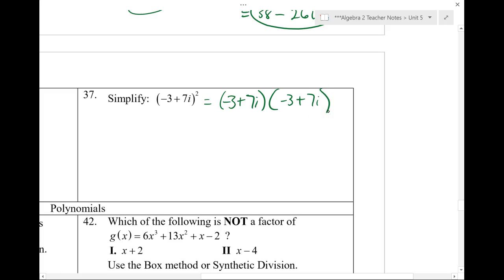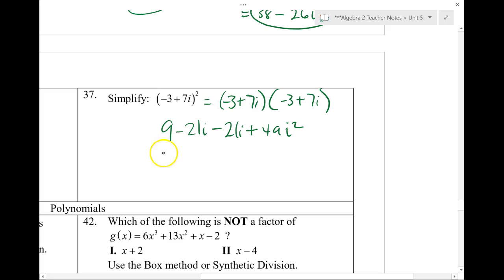And FOIL it out. Okay, so the first term will be positive 9. And then we'll do this the long way, just so you guys can see it. Sorry, it should be 21i minus 21i. Okay, and then plus 49i squared.